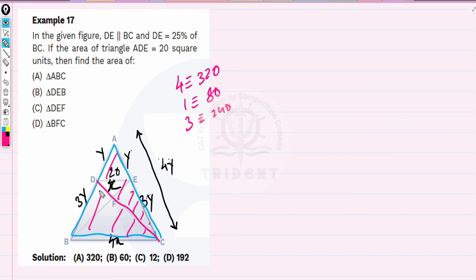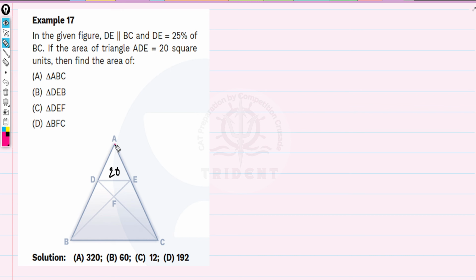That means I know that this part which is DBC is 240 and ADC is 80. Hold on, if I know that ADC is 80, this entire part is 80, of which this much is 20, is this not understandable that this part has to be 60?